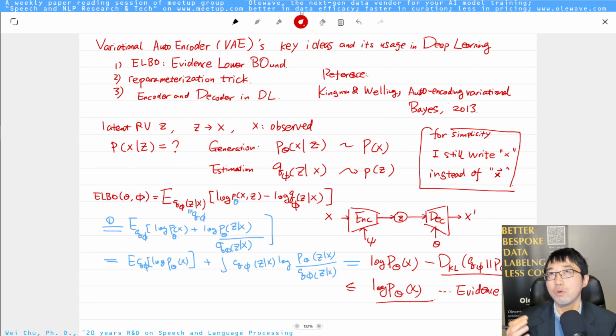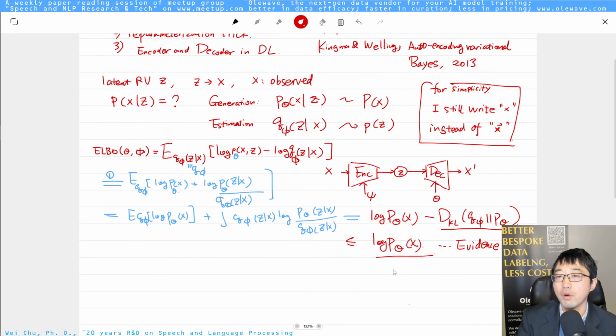Because you always have the real world scenarios x to compare with this. You want to maximize this, and this is how you want to maximize the evidence. But maximizing this is very, very difficult because it involves this latent variable. Let me write a few more equations.